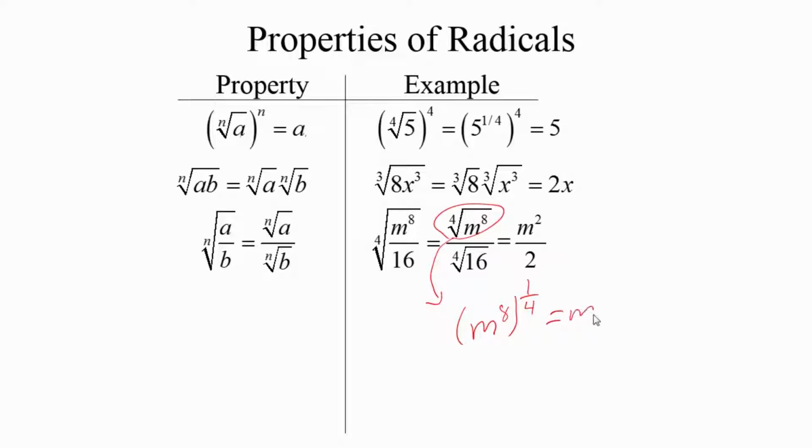You write the m using the exponent property. 8 times 1/4 is 2. That's where this one comes from. A little step in the middle.